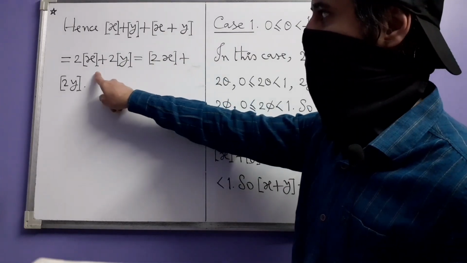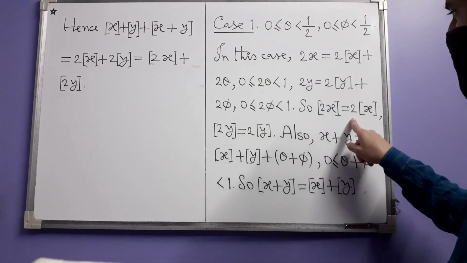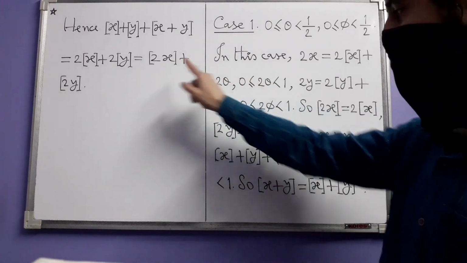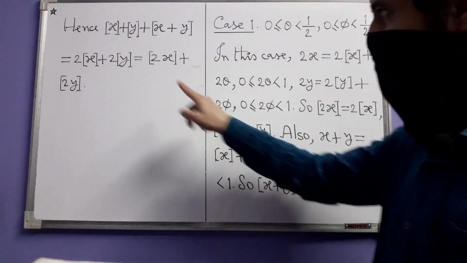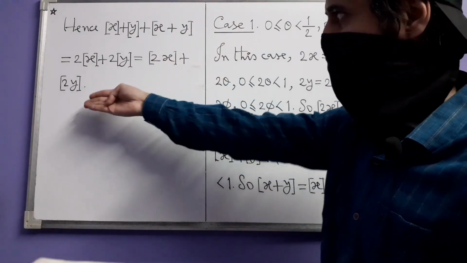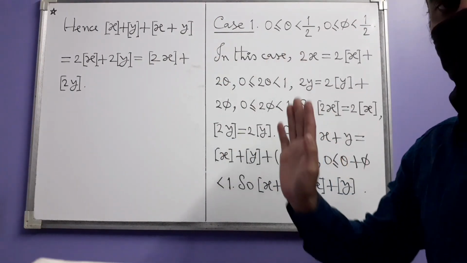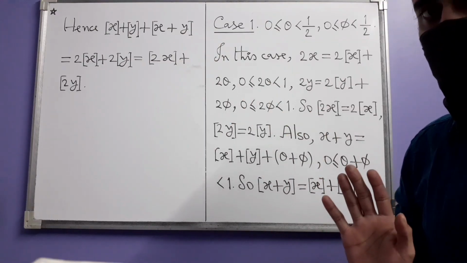So 2 times box x plus 2 times box y. But 2 times box x is box 2x and 2 times box y is box 2y. So we wanted to show that this is less than or equal to this, and we are getting equality here. That means we still get whatever we want in this case.